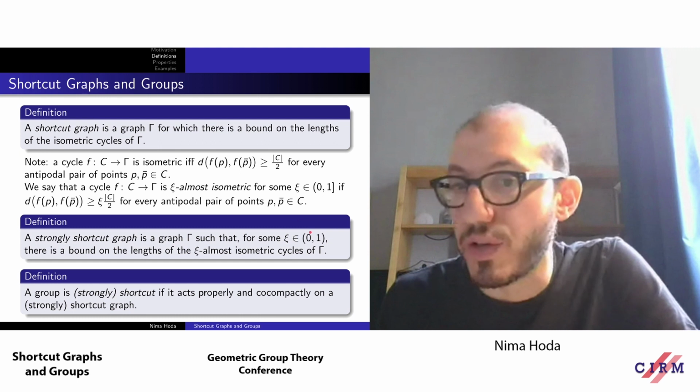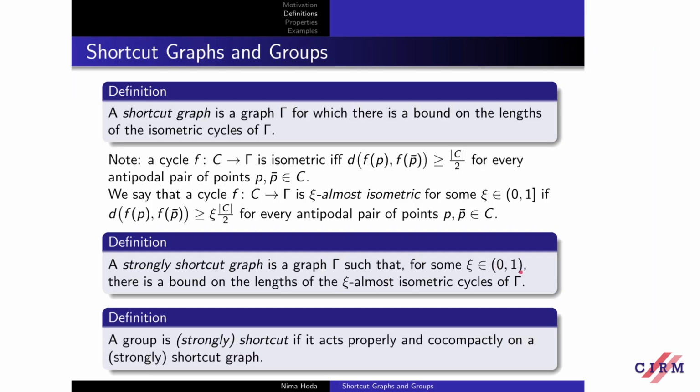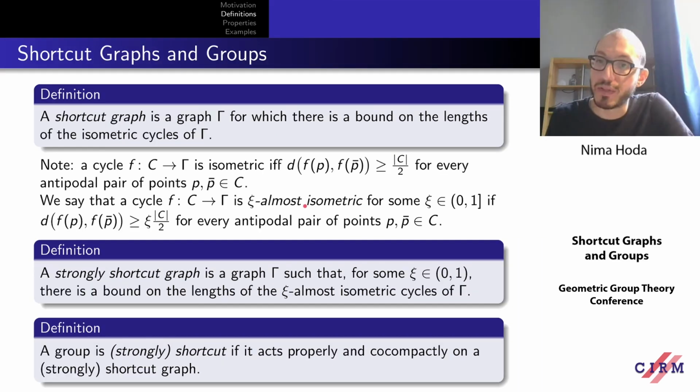And notice that if we allowed psi to be 1, then psi almost isometric is the same as isometric. So 1 almost isometric cycle is an isometric cycle. So in that sense, the two notions can be viewed in a similar light.